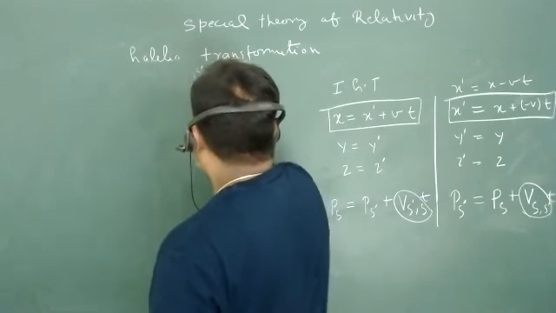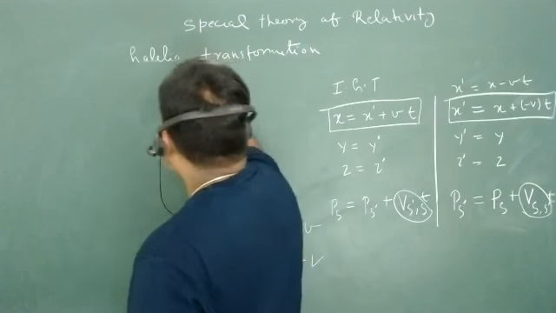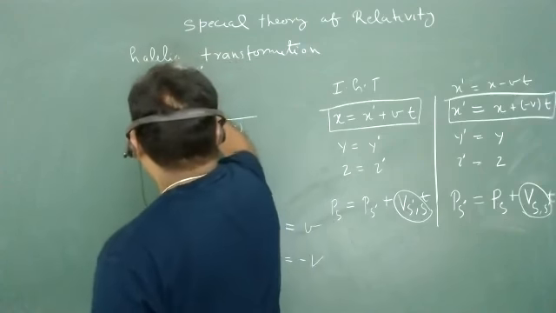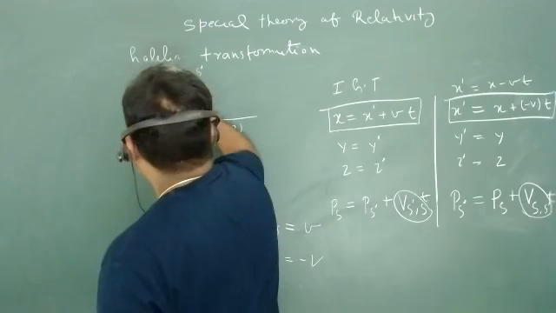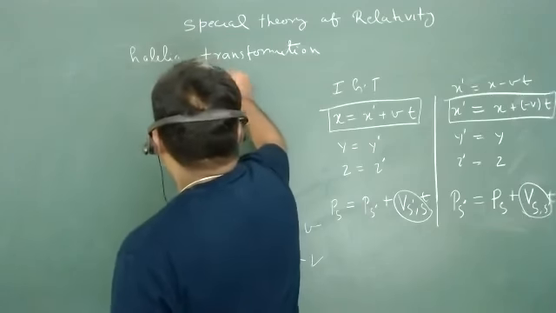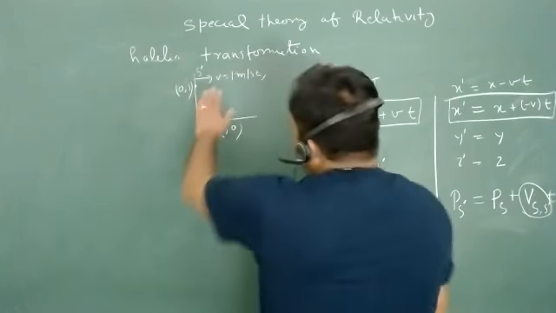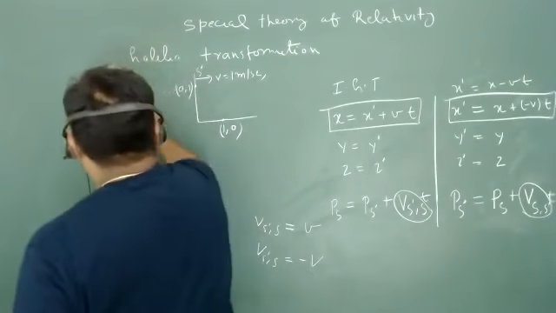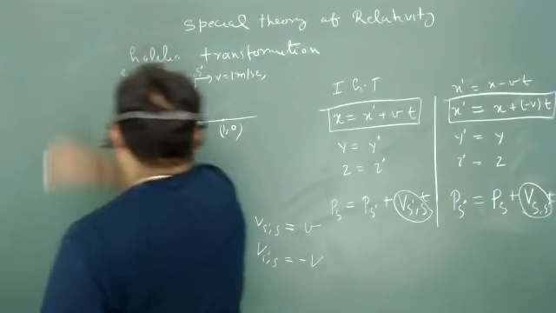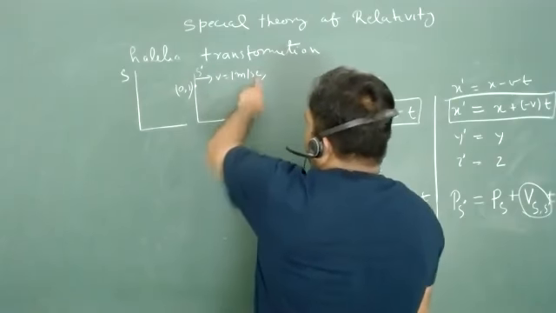Let's say the point is A, its coordinate is 1 0 and this point is, let's say 0 1, and this is moving with velocity v is equal to 1 meter per second, and this s dash is moving with respect to s with velocity v is equal to 1 meter per second.